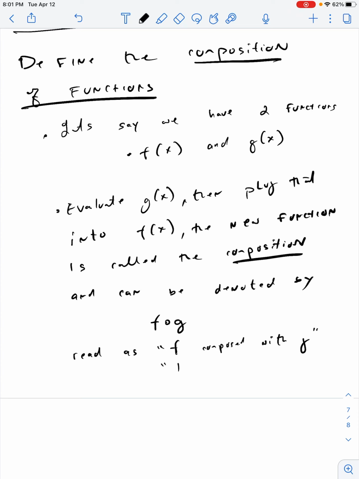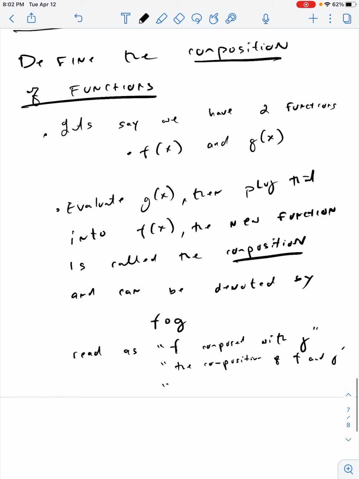Or the composition of f and g. Or f circle g. All right, so let's take a look at how this works.